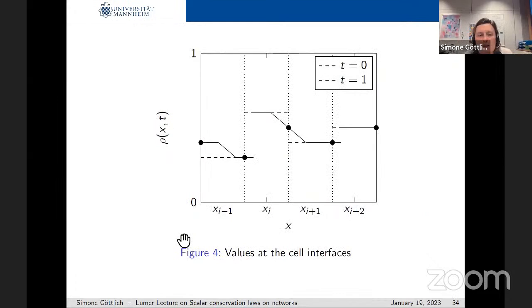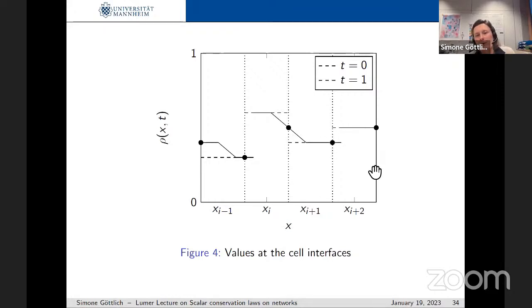Again, a small picture we have in mind. You see these interfaces between all these different cells. We start with initial values here, again piecewise constant. We have to check the Riemann problems at the interfaces, meaning this is one Riemann problem, another Riemann problem would be this combination, and the third one these two.